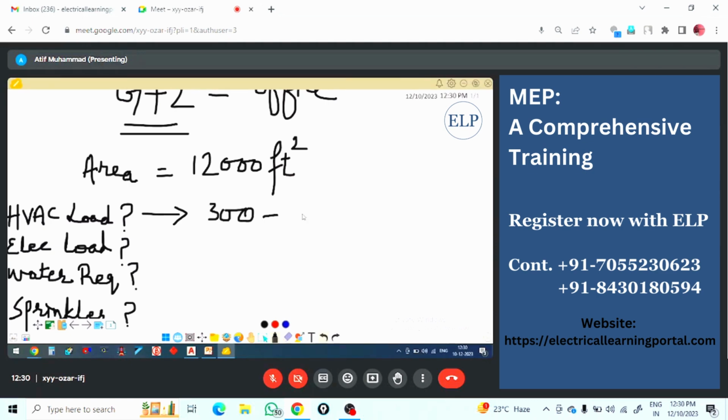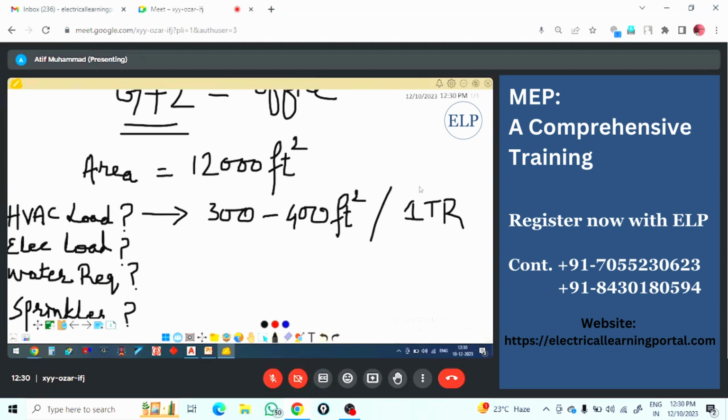Okay, means every 1 ton of cooling will cover how much area? 300 to 400 square feet area. So this is a basic thumb rule here. If you know the area, then you have to divide by 300 to 400 and you can get the HVAC load.